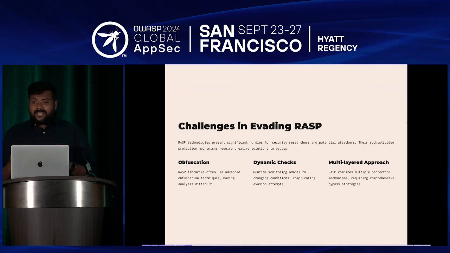Two, these applications have dynamic checks built in, so it becomes a little bit difficult to hook using tools like Frida or application instrumentation, since runtime monitoring adapts to this. And third, it is a multi-layered approach. It is not a one-time bypass, but there are continuous checks which happen while the application is running, right? So these are some of the challenges while you're trying to evade RASP detection.